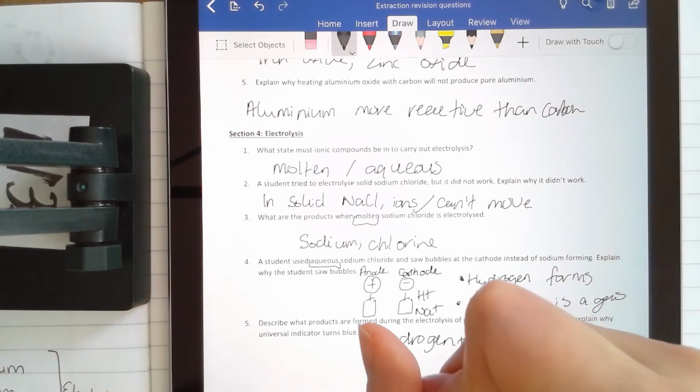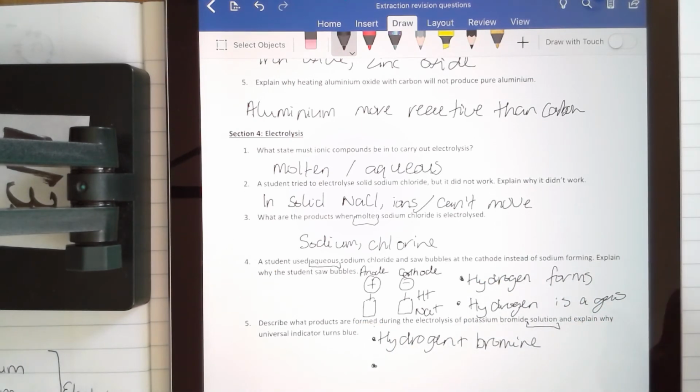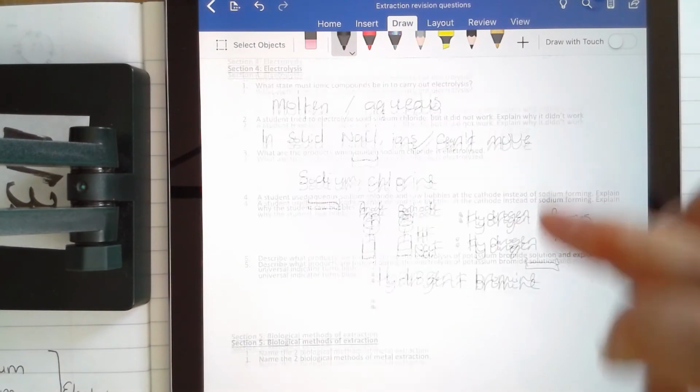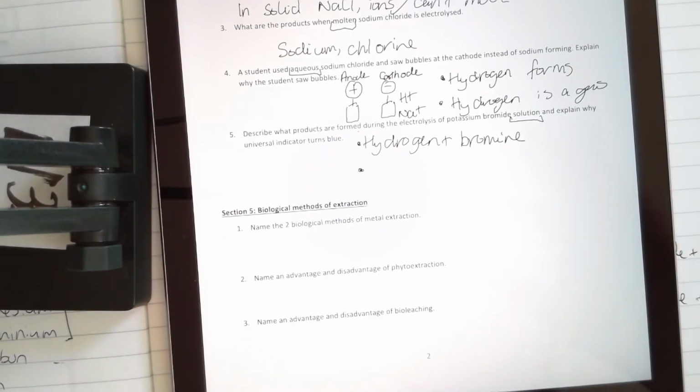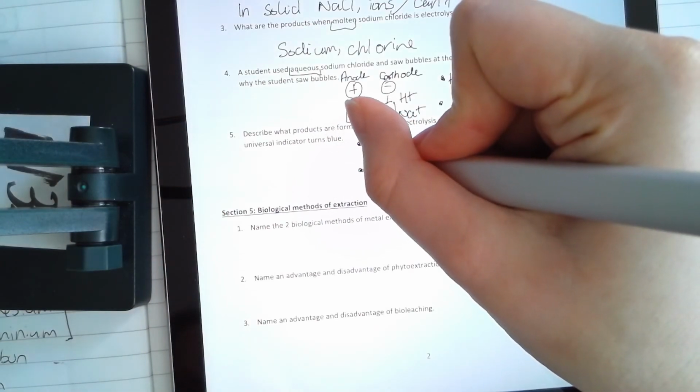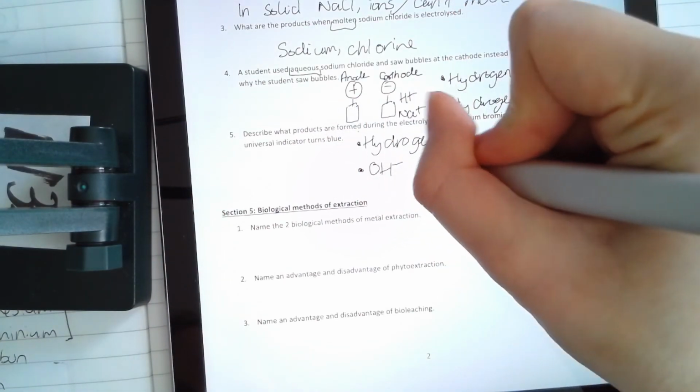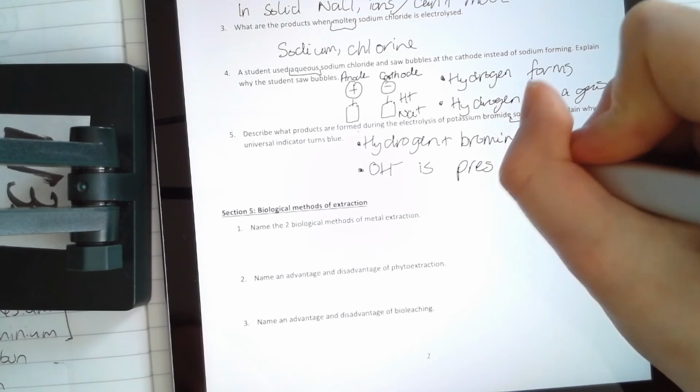Why does the universal indicator turn blue? If the universal indicator is turning blue, it tells you that you have got an alkali. The ion that makes it turn blue is OH minus. Universal indicator turns blue because OH minus is present. Where am I getting this OH minus?